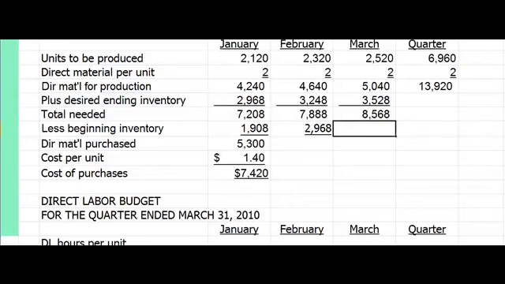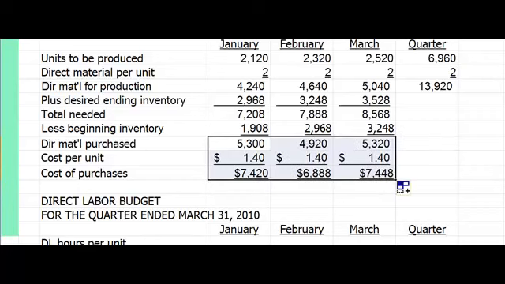Same thing for March. In March, I'm going to have a beginning inventory, which equals February's ending inventory. And once I have those in, I can then copy this across so that I have my purchases for each month.